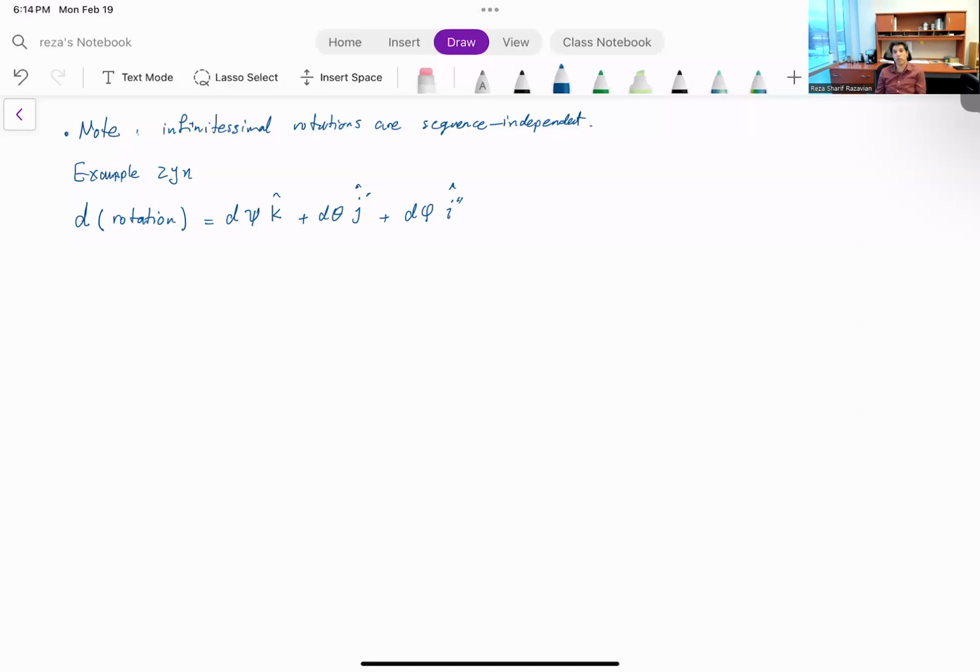So something to note here is that the case that I'm considering is when I had started from this original frame, I have rotated to some intermediate frame. So this is the K I'm writing. This is the Y that is rotated. Do you see?